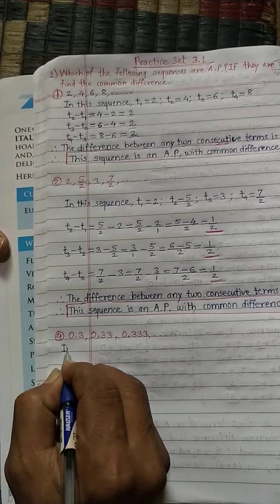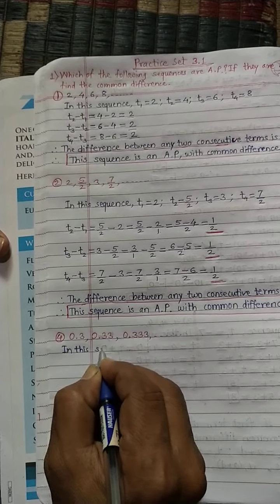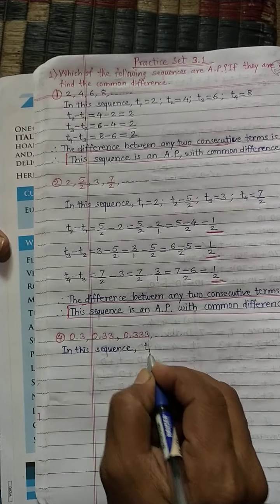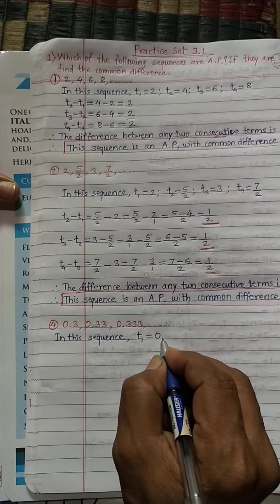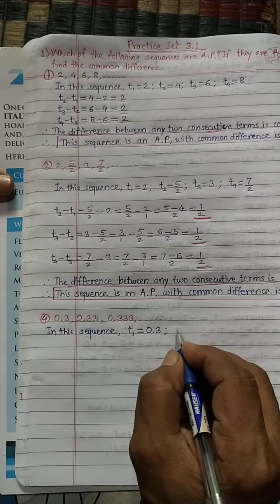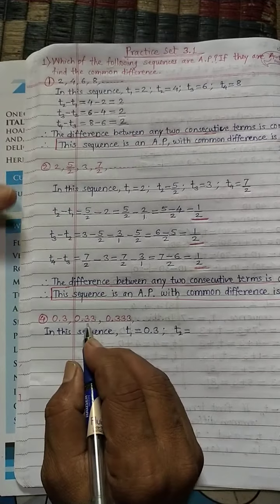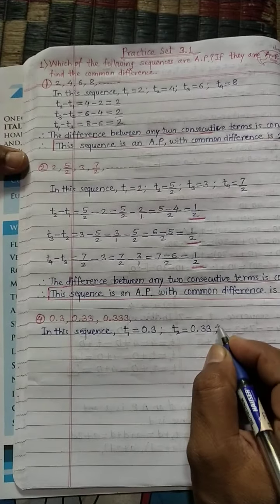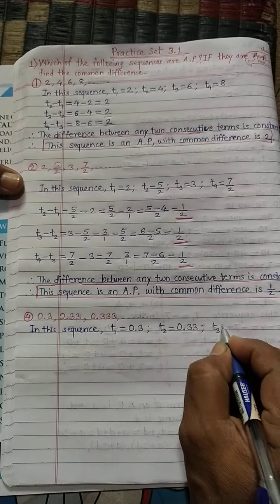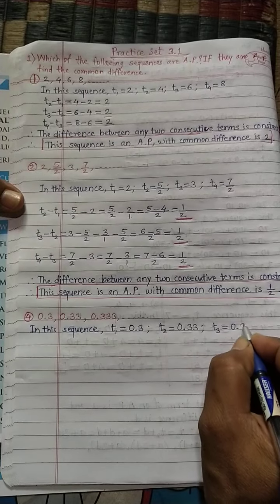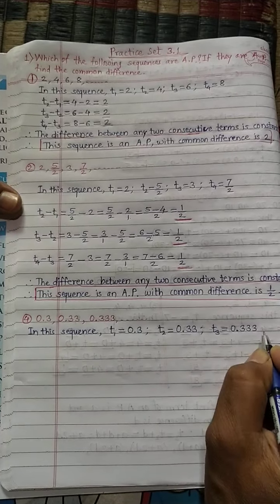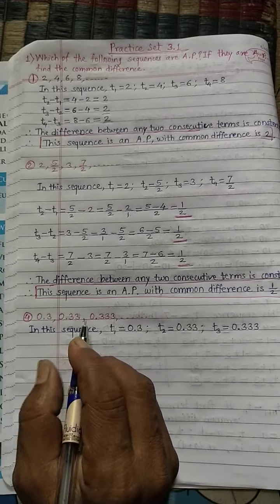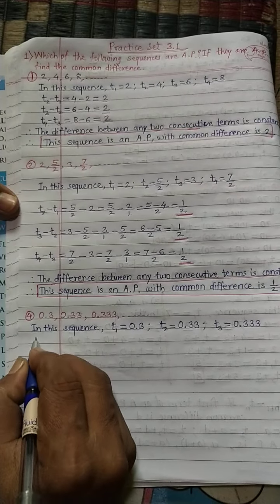In this sequence the first term T1 is equal to 0.3, then T2 is 0.33 and the third term T3 is 0.333.